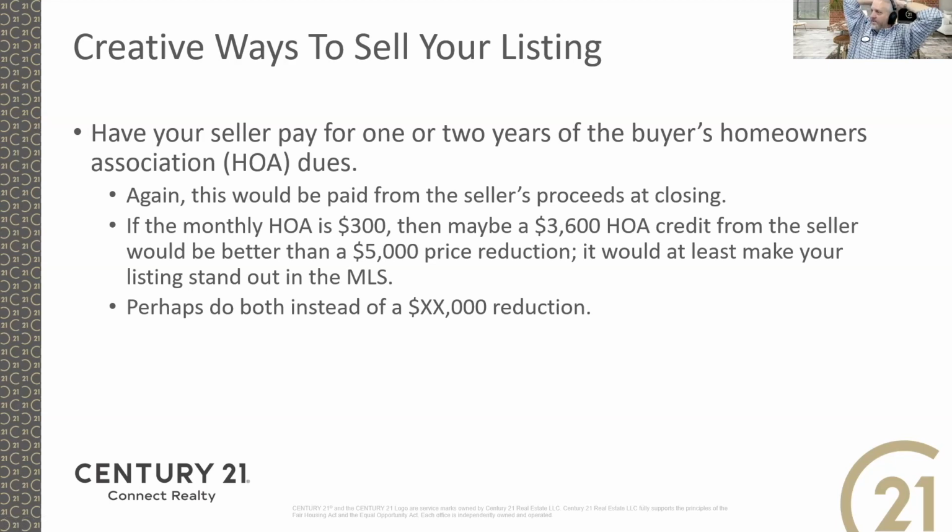If monthly HOA is $300, then a $3,600 HOA credit for a year would, in a lot of cases, be better than a $5,000 price reduction, because it would affect their monthly budget for a whole year as opposed to $5,000, which is only once at the closing. Okay. So you perhaps do both a price reduction and an HOA credit, and do them both instead of the $10,000 price reduction on closing costs. Okay.